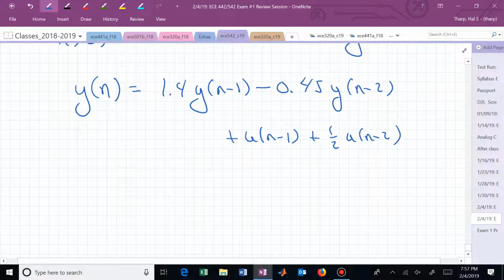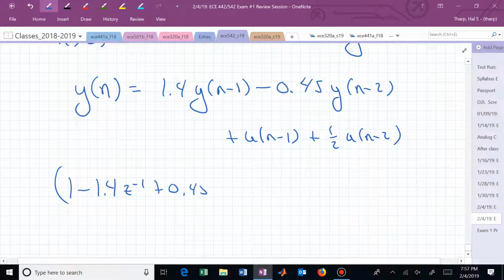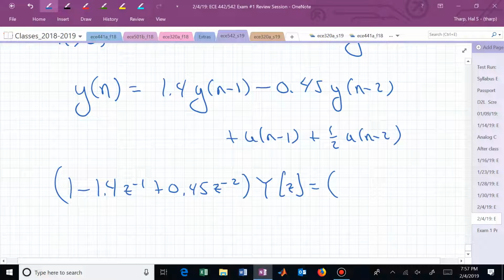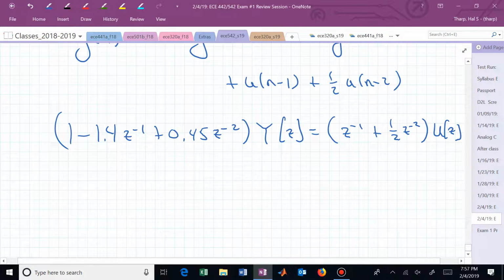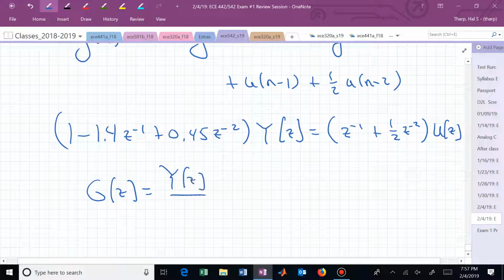And if you z-transformed all of that, you would get something like that, so that g of z is equal to y of z over u of z.